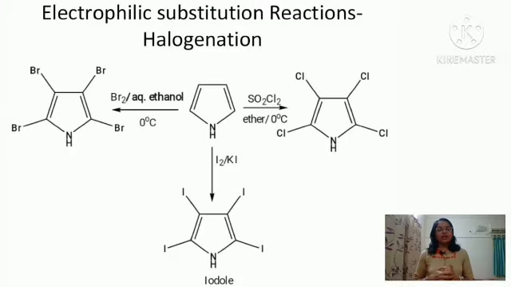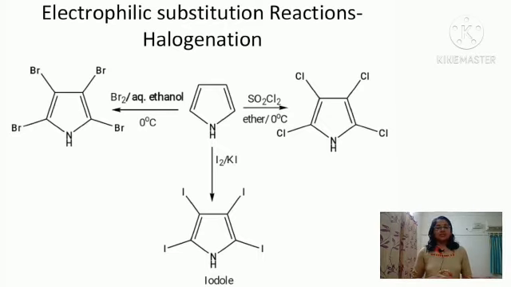When pyrrole undergoes chlorination, which is carried out with sulfuryl chloride, that is SO2Cl2, in ether as a solvent at low temperature, we get tetrachloropyrrole as the product. Similarly, bromination of pyrrole is carried out with bromine in aqueous ethanol at low temperature, that is 0 degrees Celsius, and we get tetrabromopyrrole as the product.